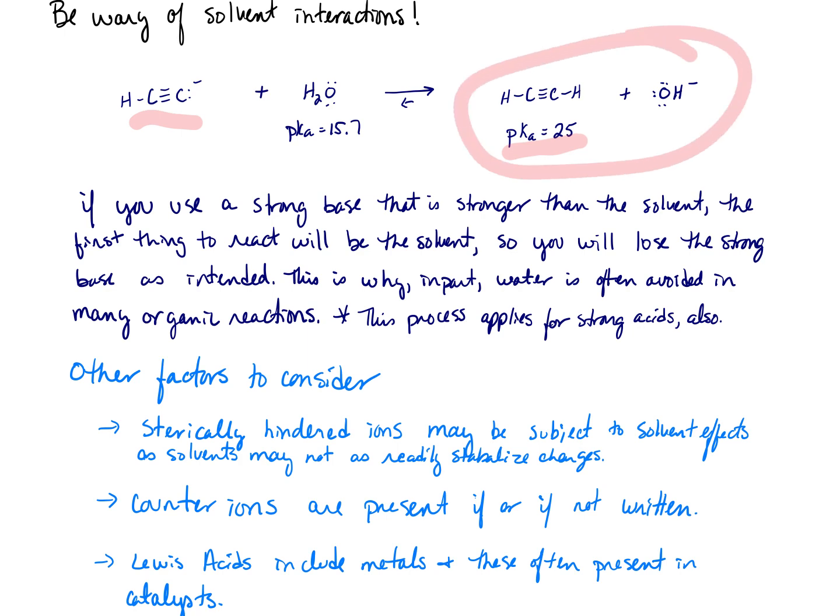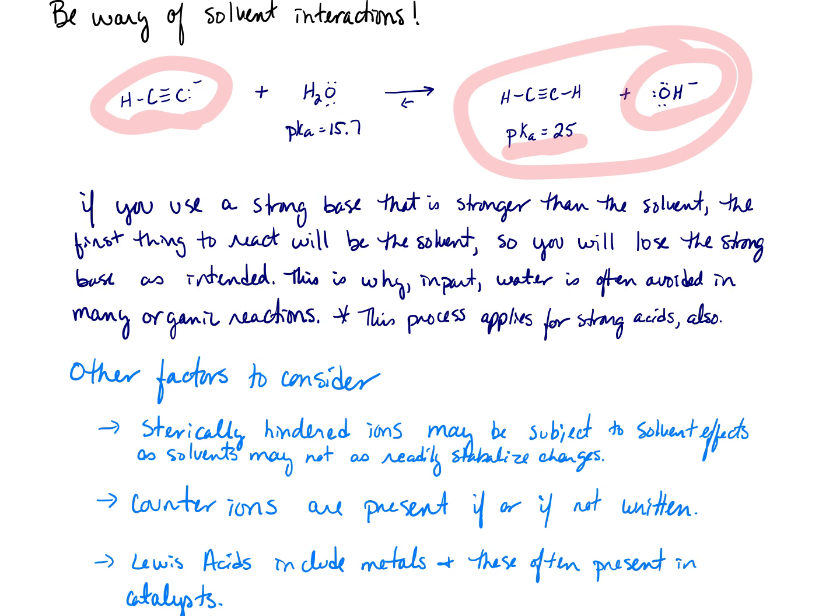If you were to put these together, then what's going to end up happening is that instead of getting this as your base, you're actually making the hydronium ion. So you don't have as strong of a base as what you think you will. That is something called the leveling effect, and we need to make sure that we don't use water in a case like this. So that's partially why we avoid water as an organic solvent or in our reactions in a lot of cases. So that's something to consider.